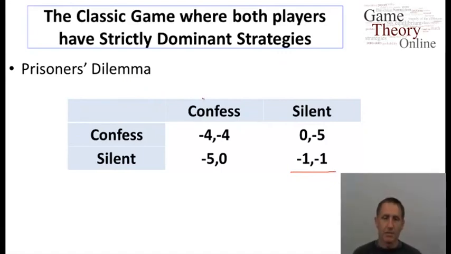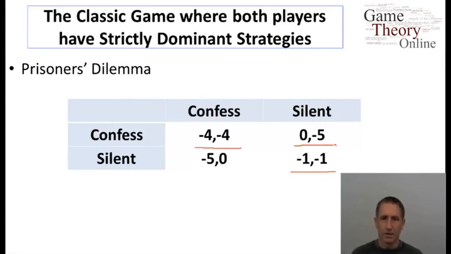If, on the other hand, they both confess, then they get the most severe punishment of -4. If, in the most extreme case, one of them confesses and the other one denies, then the confessor gets completely off the hook, whereas the denier, the person who remains silent, gets the most severe punishment of -5.